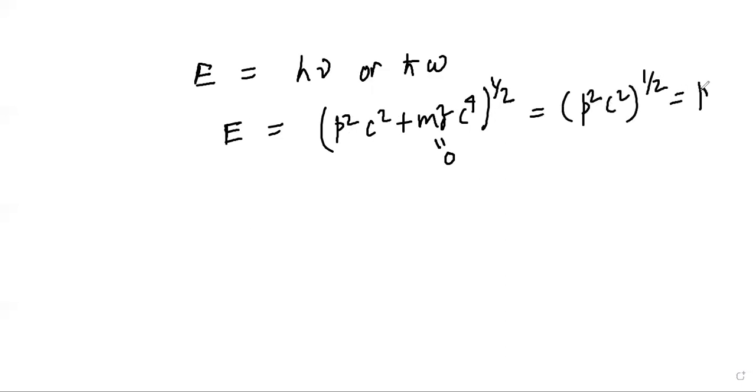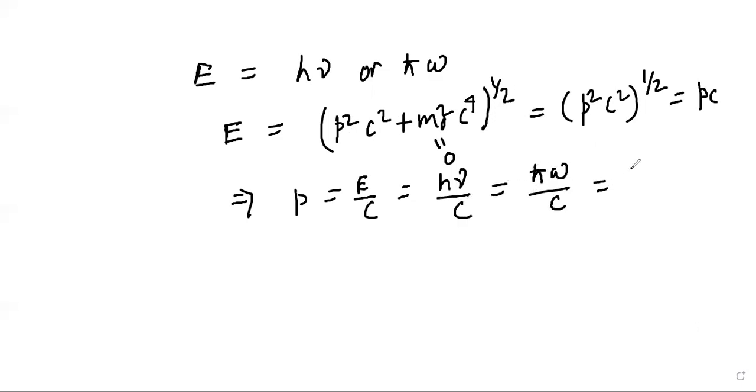That gives us Pc, right? So we can rewrite it: P is equal to E by c, that is h nu by c, or h bar omega by c, that is h bar k, because we know omega by c is equal to k.